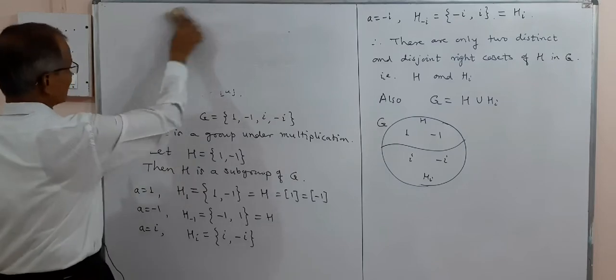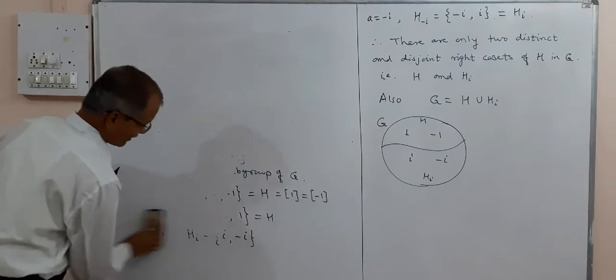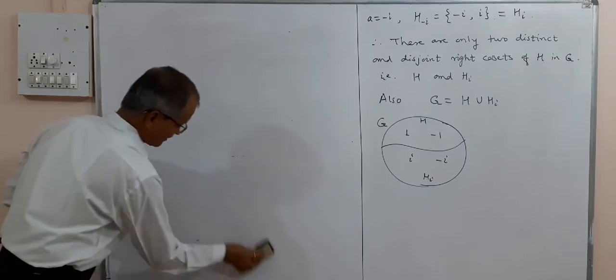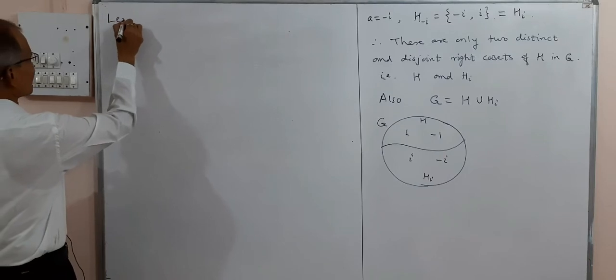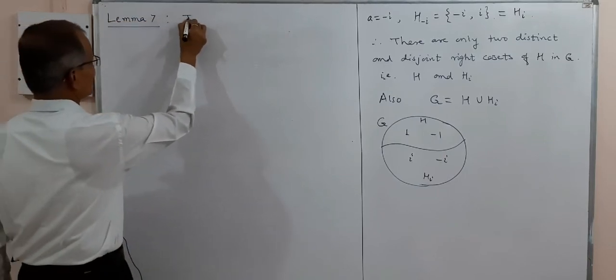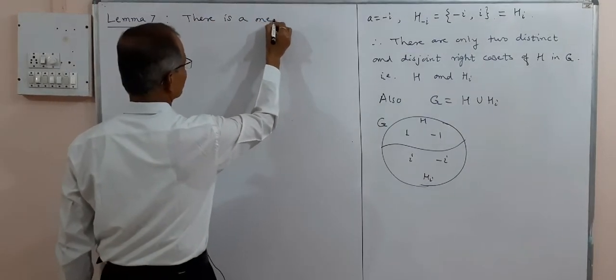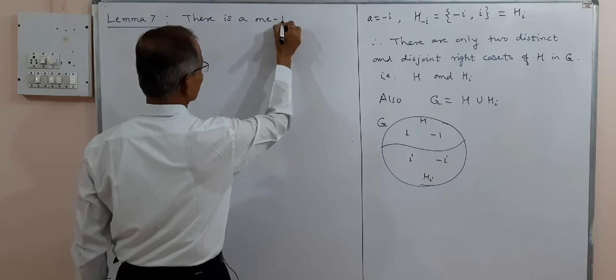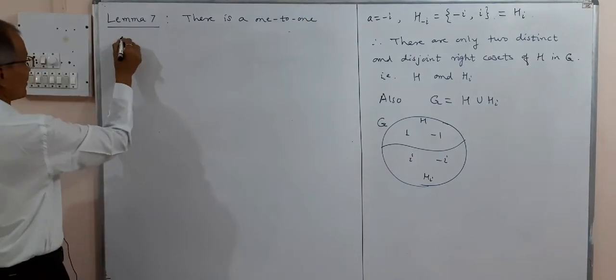Between any two right cosets there is a one-to-one correspondence. This is our lemma number 7.